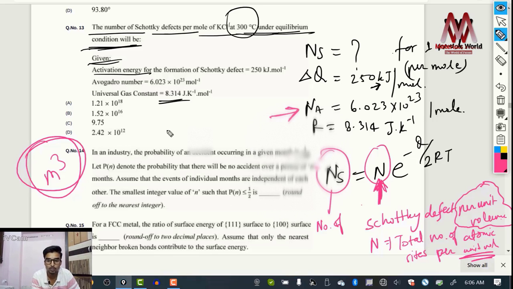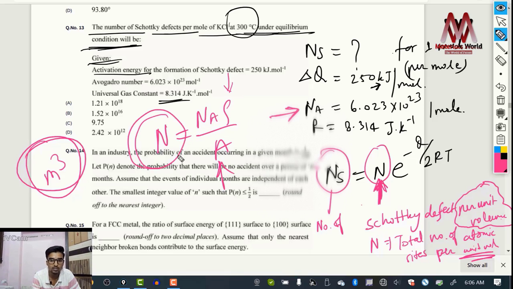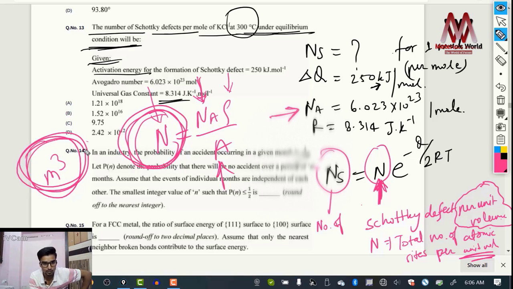For per meter cube, N can be calculated by Na rho by A. So density and atomic weight should be given so that we can find this N. But students were confused last year by seeing this Na. They said Na is given, N is not given, how can we calculate? But basically this N is for per meter cube.